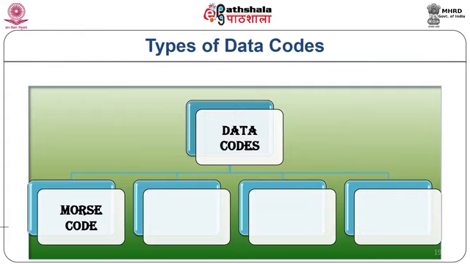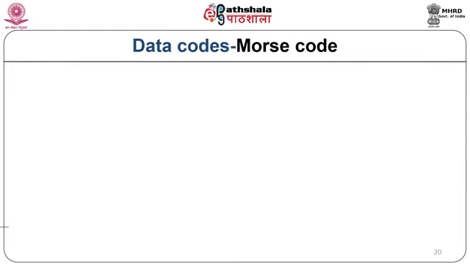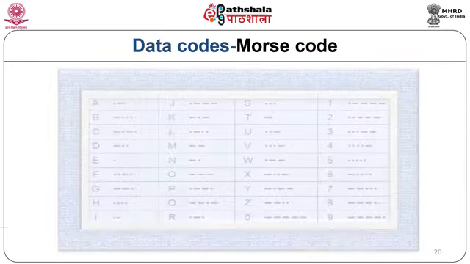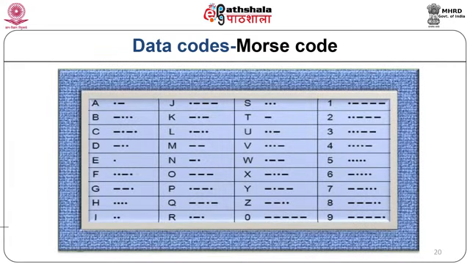Morse developed a special code called Morse code to transmit and receive messages at high speeds up to 80 words per minute. Morse code is a series of dots and dashes representing alphabets, numbers, and punctuation marks. Dot and dash are usually represented as a short electrical pulse and a long electrical pulse respectively.